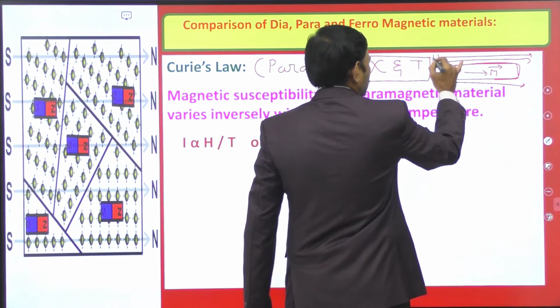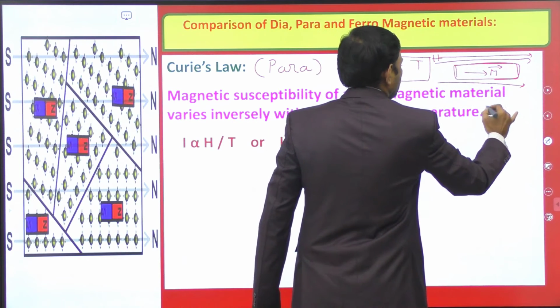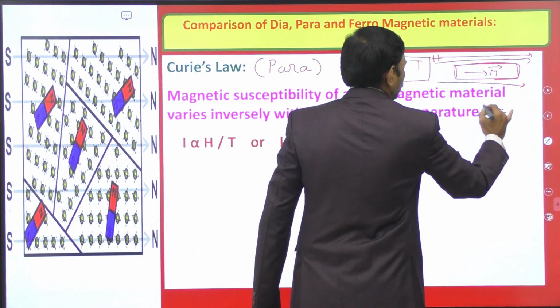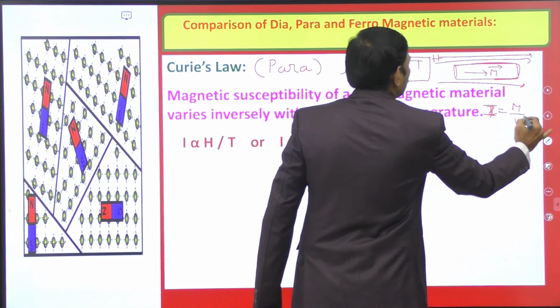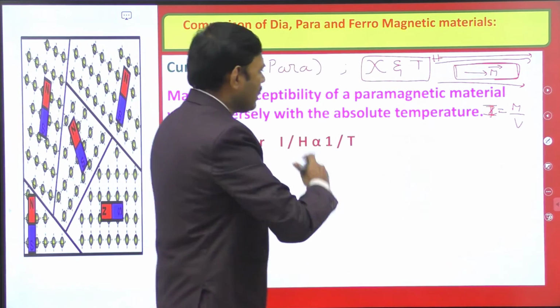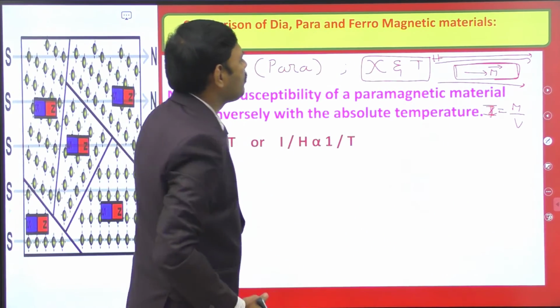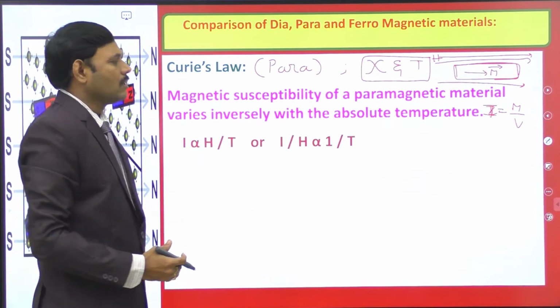This is the H value, this is the magnetic moment. Then I is equal to M by V. Magnetic moment per unit volume is the intensity of magnetization I induced inside the paramagnetic material along H.